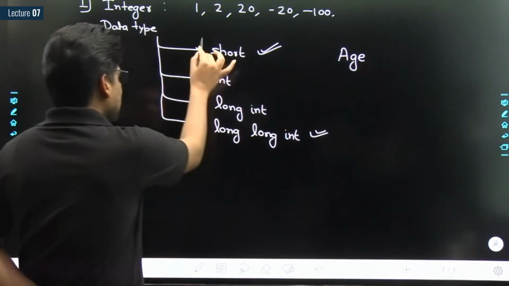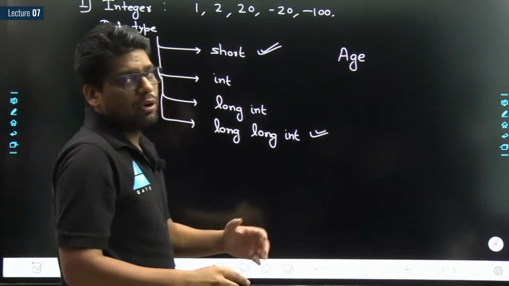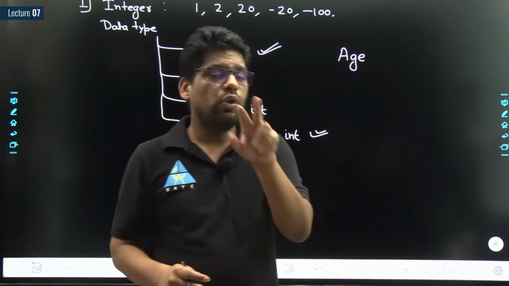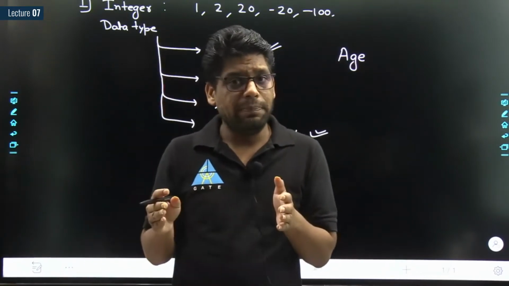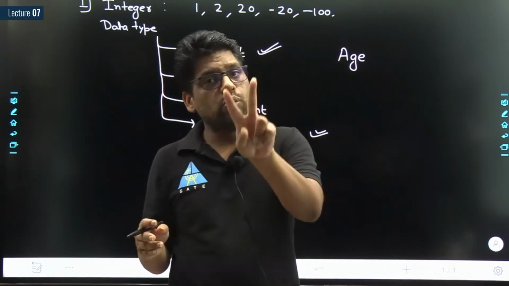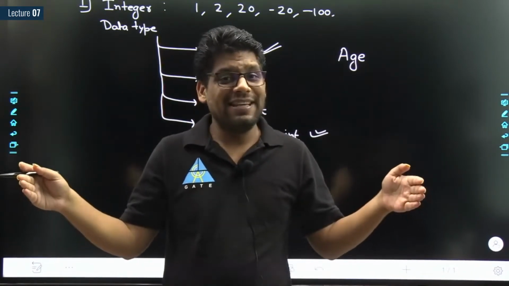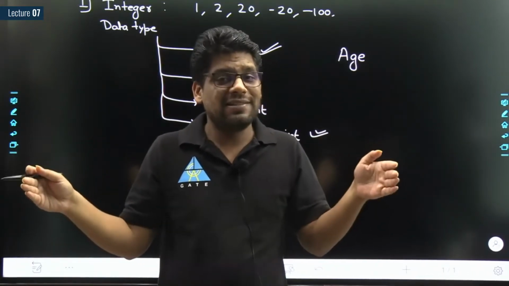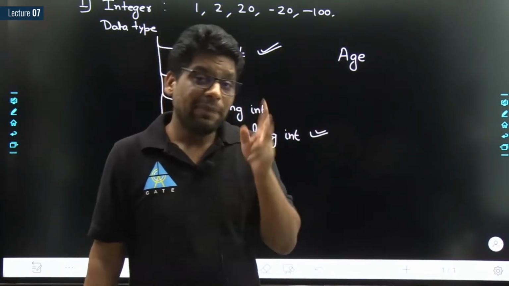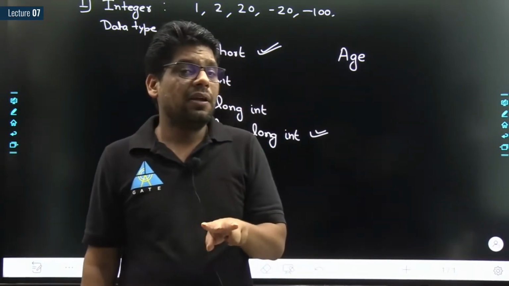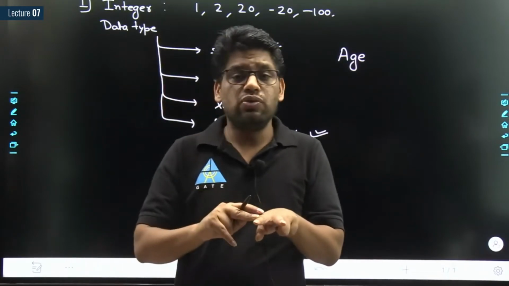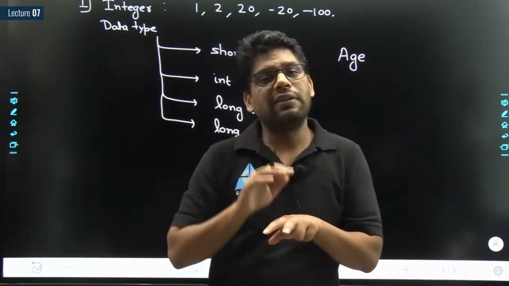So why this kind of classification? Because I already told you that a data type tells two things about a variable. The very first thing is how much space is allocated to the variable, and the second thing is what values are allowed to be stored inside that variable.